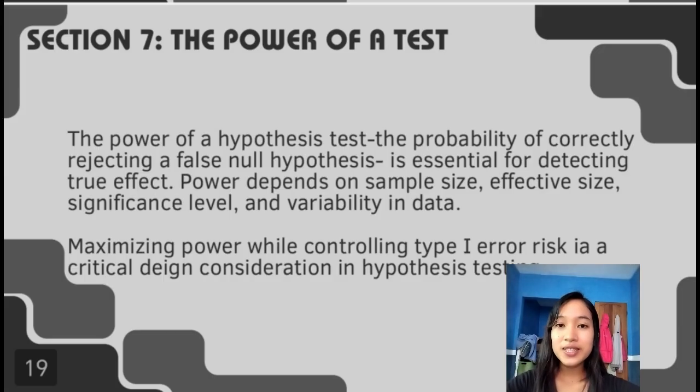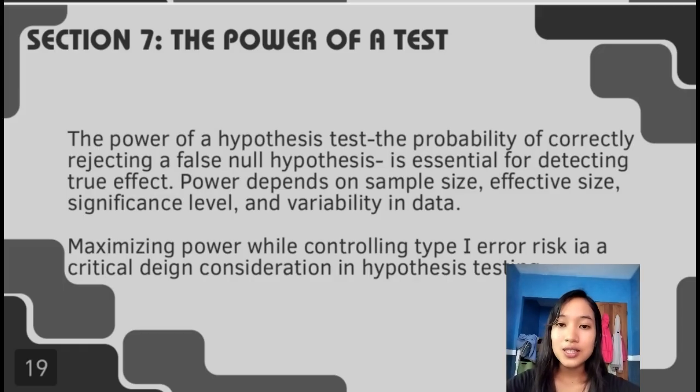Here I will be discussing section 7 and section 8 of hypothesis testing. First is section 7, which is the power of the test. The power of a hypothesis test is the chance that it correctly finds a real effect, meaning it rejects a false null hypothesis. A powerful test helps you avoid missing a true result.